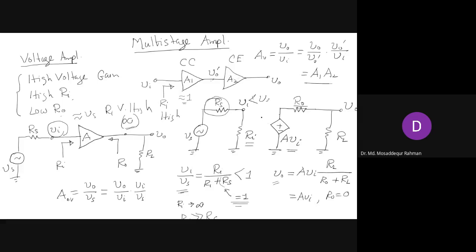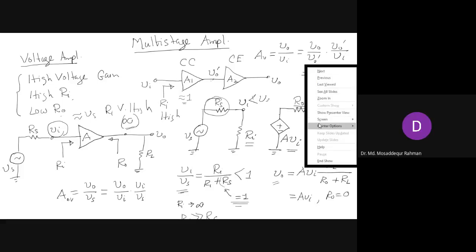Now, on the output side, if you need to have a low output resistance, then you also need to modify the circuit. You can have another amplifier stage at the output side to have low output resistance. Now, which configuration has the low output resistance? Again common collector.